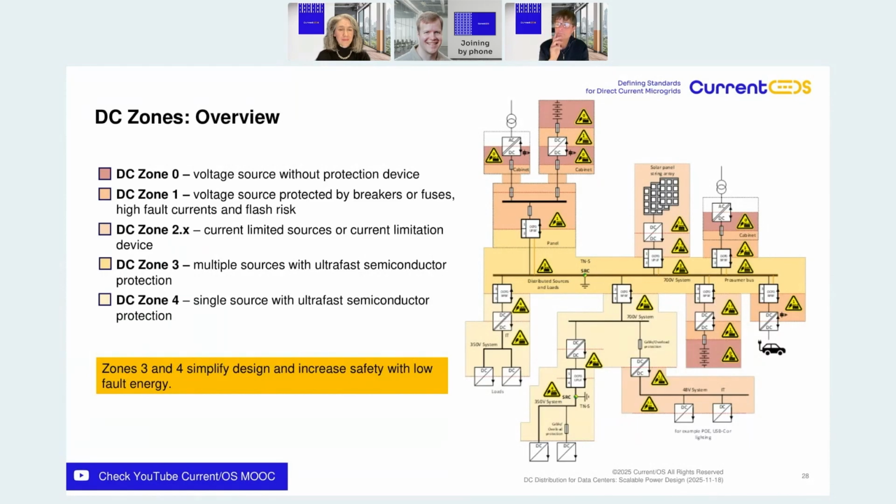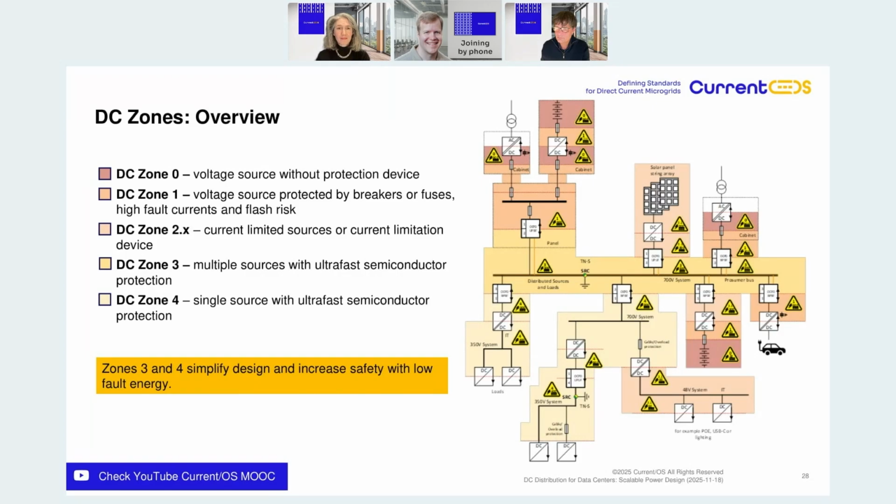Zone 2, for example, as you see with the solar panel in the middle top of the diagram, is typically a current limitation, which can be assumed. In zones 3 and 4, you have ultra-fast semiconductor protection. The difference being that zone 3 allows for multiple sources, whereas zone 4 is focused on just a single one.